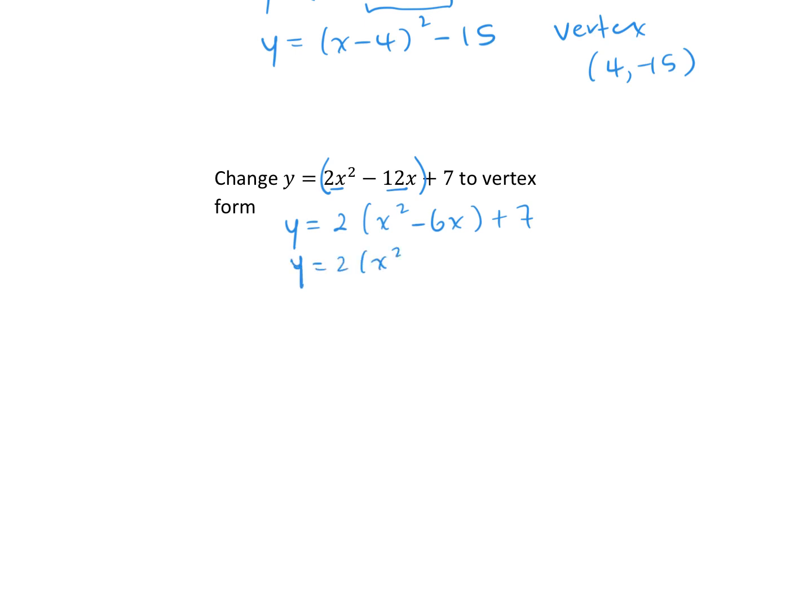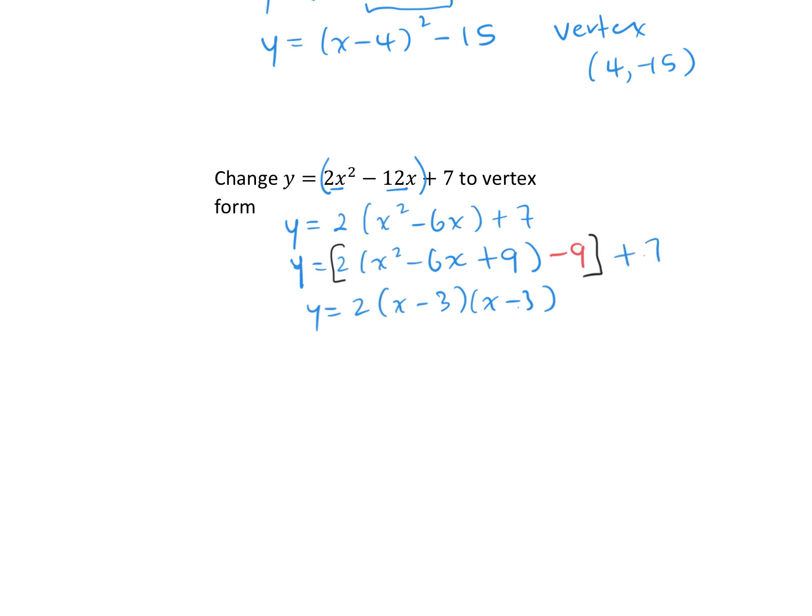Then we're going to factor that. Since it's 6, we know it's going to be 3 and 3. 3 times 3 is 9, so we'll need a 9 to make the square. We'll do a -9 so we don't change the equation. And then I'm just going to put square brackets around that.